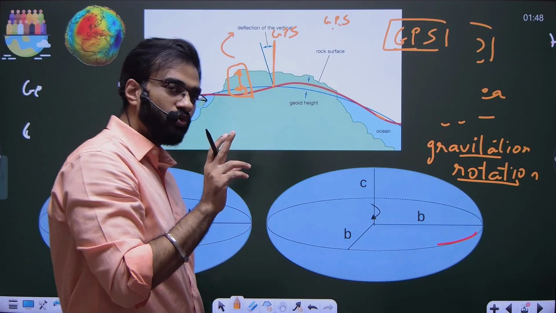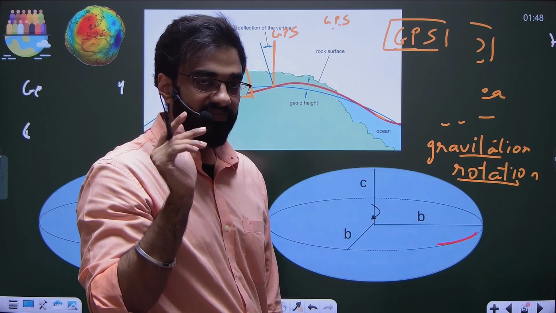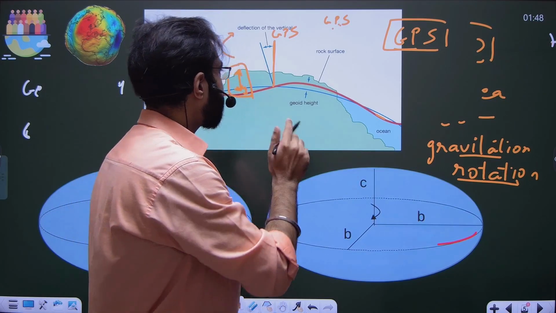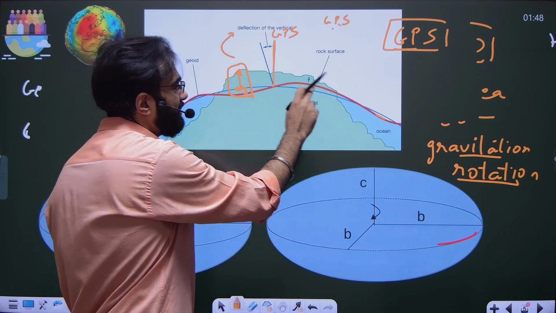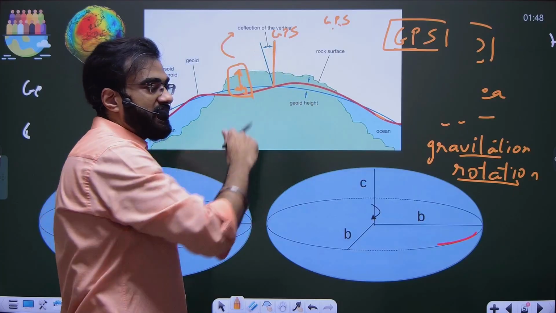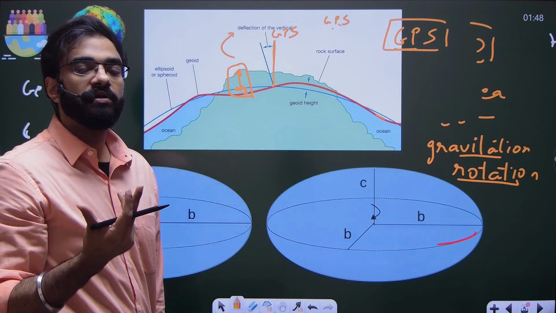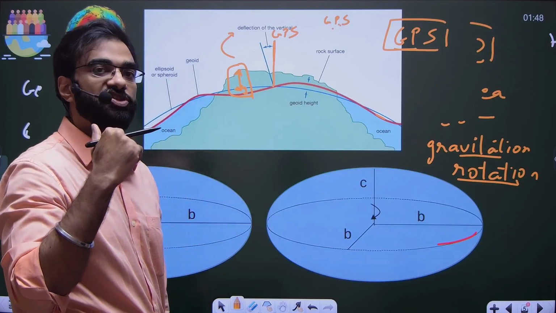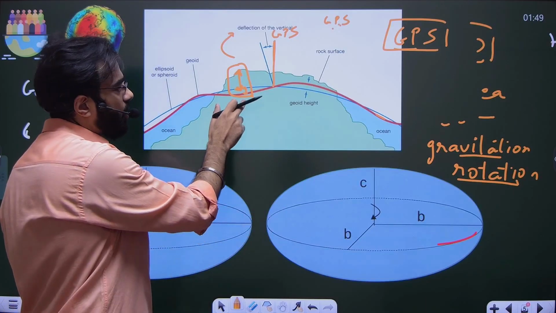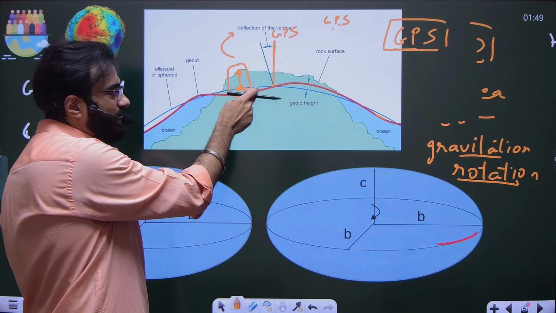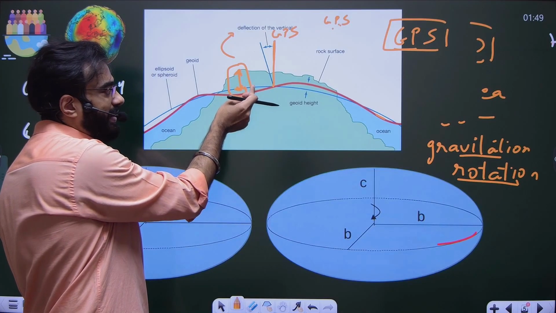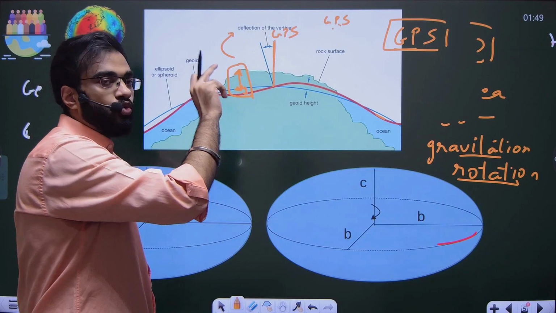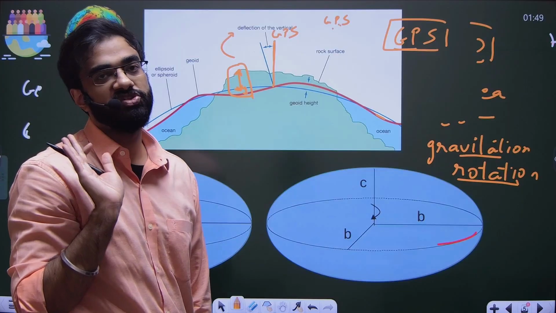So if we want to determine the elevation of Mount Everest, we cannot just rely on the mathematical ellipsoid or the GPS. We have to make adjustments and account for the difference between the height of the ellipsoid and the geoid to arrive at accurate measurements.